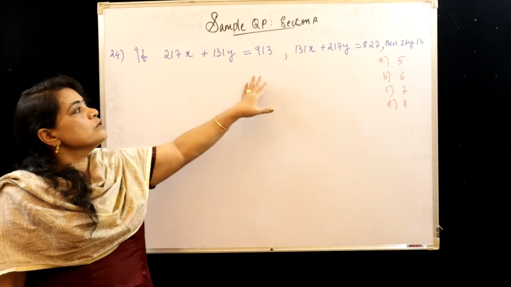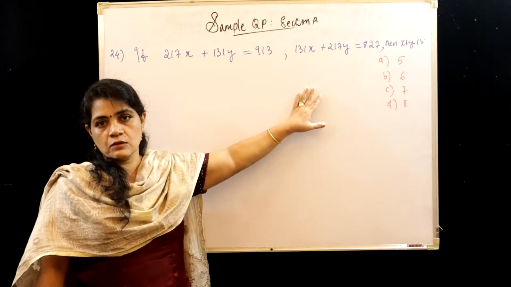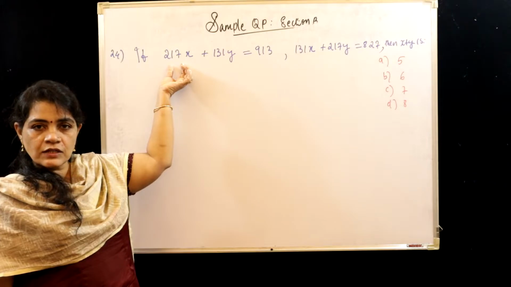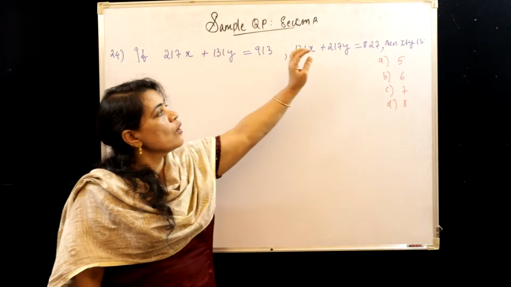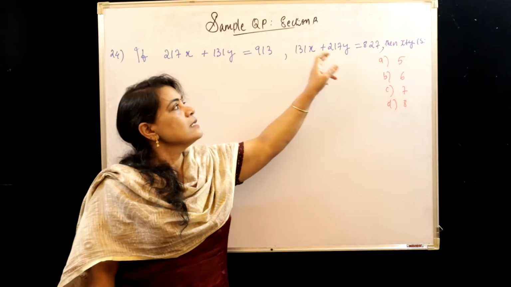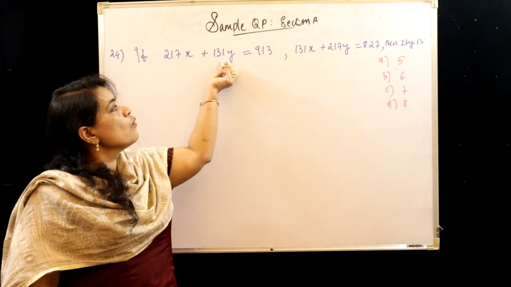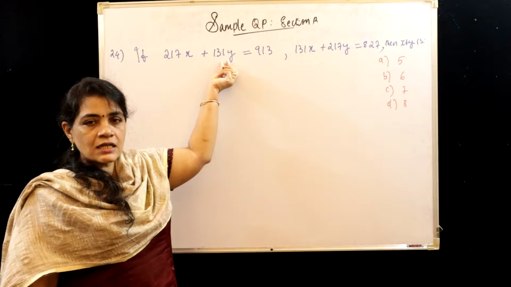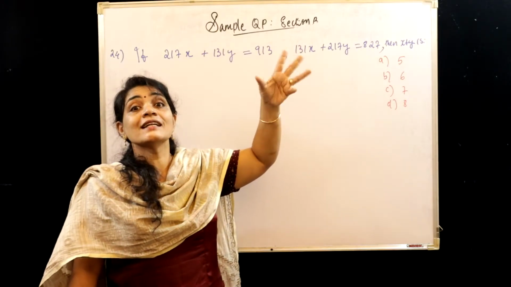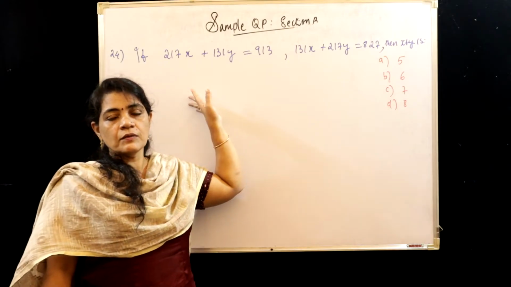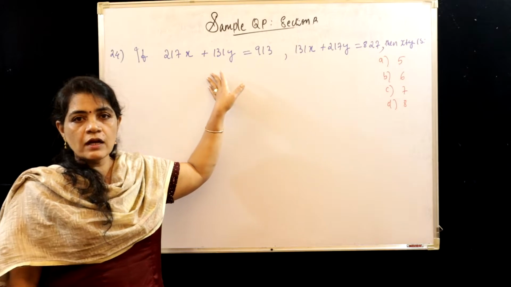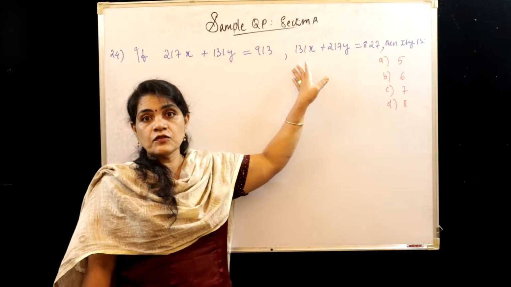See, when you look into these two linear equations, the coefficient of x, 217, is the coefficient of y in the second equation. In the same way, the coefficient of y in the first equation is the coefficient of x in the second equation. The coefficients get interchanged.